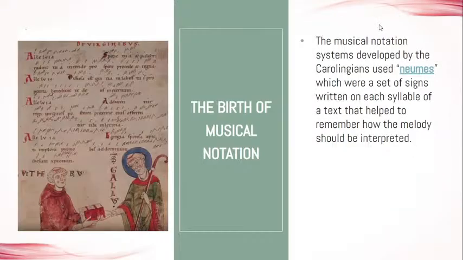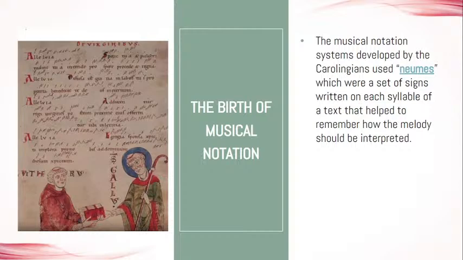Now, the neumes are these squiggly little things. They started to be used. They were not even notes. They were just the direction of the melody, more or less, just a mnemonic, or just trying to help people memorize the chants, the hymns in Latin.